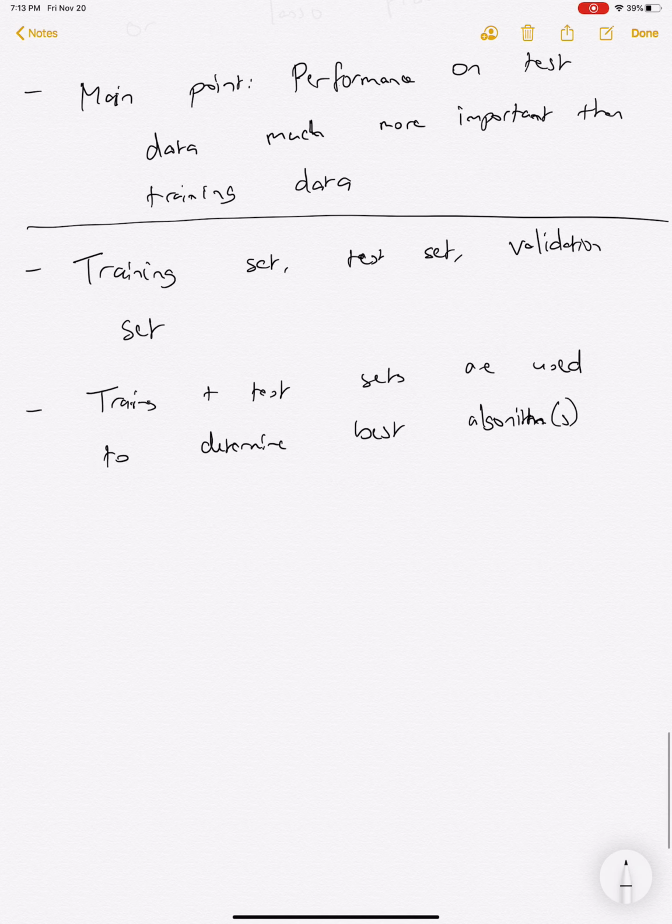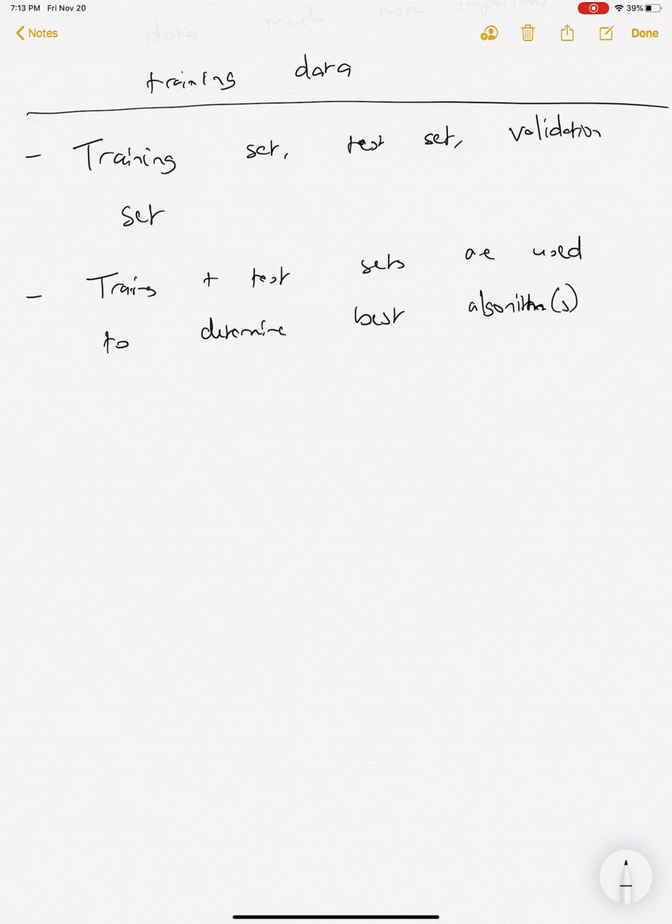And the reason why you need both, even though you're only going to train on your training set, because you're going to compare various different algorithms on your test set, is that you still want to hold out some extra data that you don't touch at all at any part of your process.